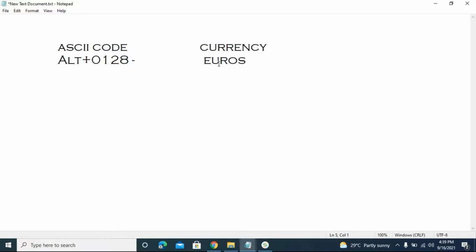Okay, and then next we have pounds. For pounds we use the ASCII code. Then we have Alt 157 for yen.